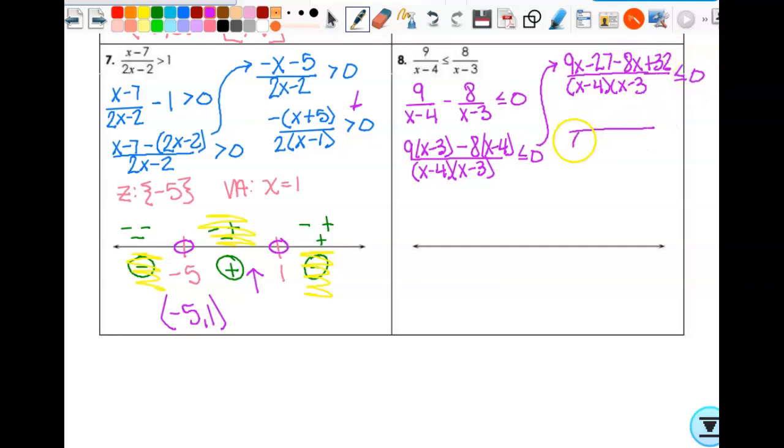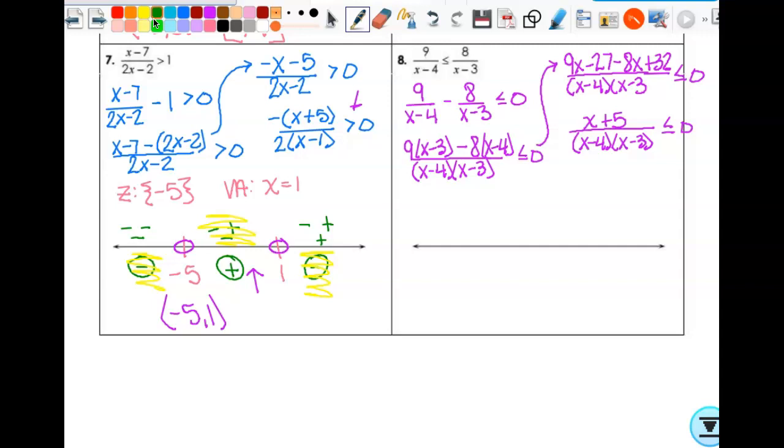I'll clean it up one more time. x minus 4 times x minus 3 in the denominator. So 9x minus 8x is x. Negative 27 and a positive 32 is a positive 5. So from here, any questions on how I got that using my fraction skills?